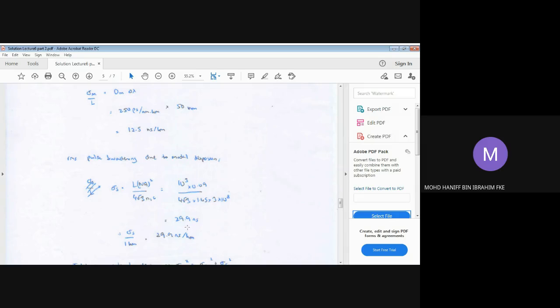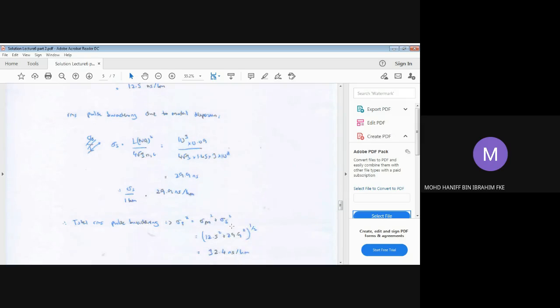We calculated earlier that for the material dispersion, the RMS pulse spread is 12.5 nanoseconds per kilometer, whereas for intermodal dispersion, the RMS pulse spread is 29.9 nanoseconds per kilometer. From these two values, we can calculate the total pulse spreading using this equation.